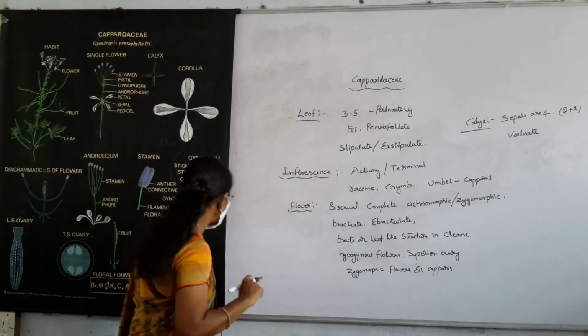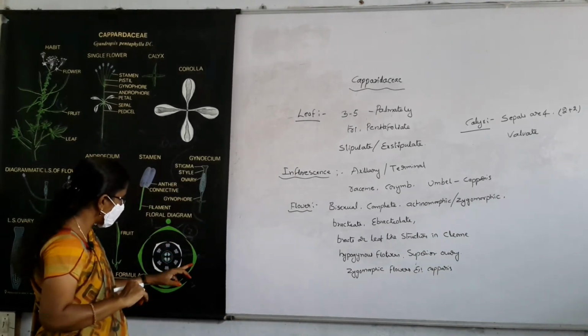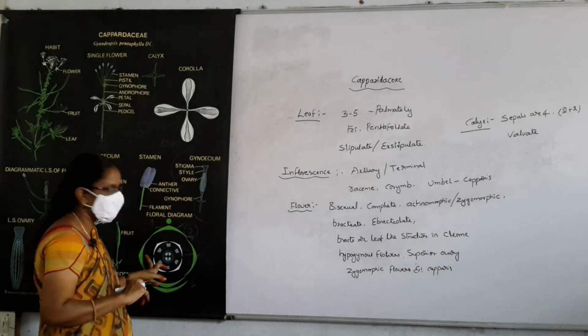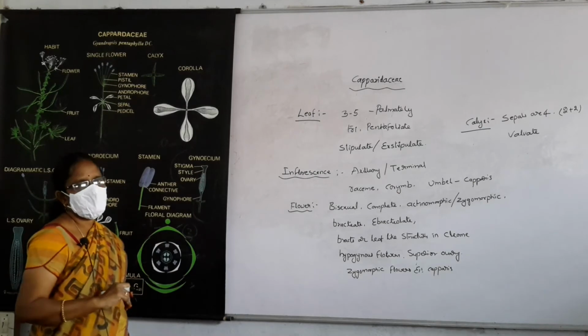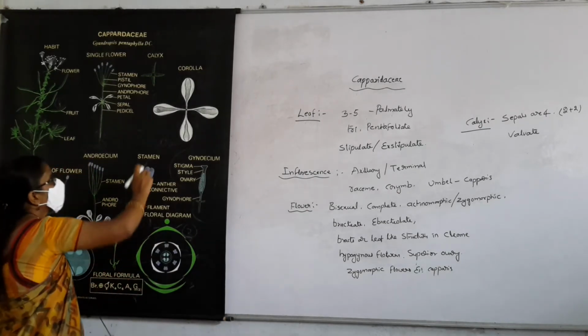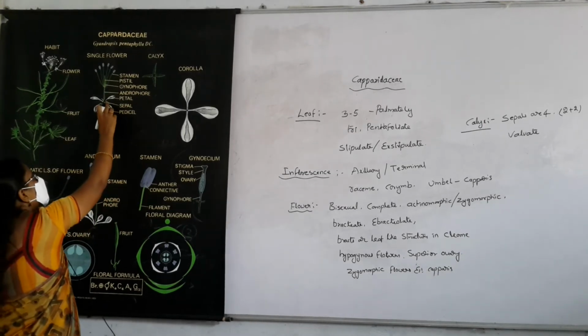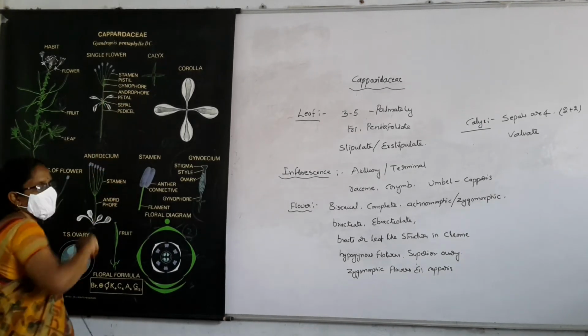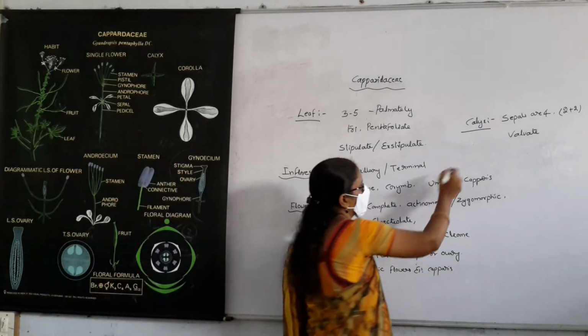For example, 1, 2, 3, 4. Four sepals are present, 2 plus 2 arrangement. And next one is the corolla.